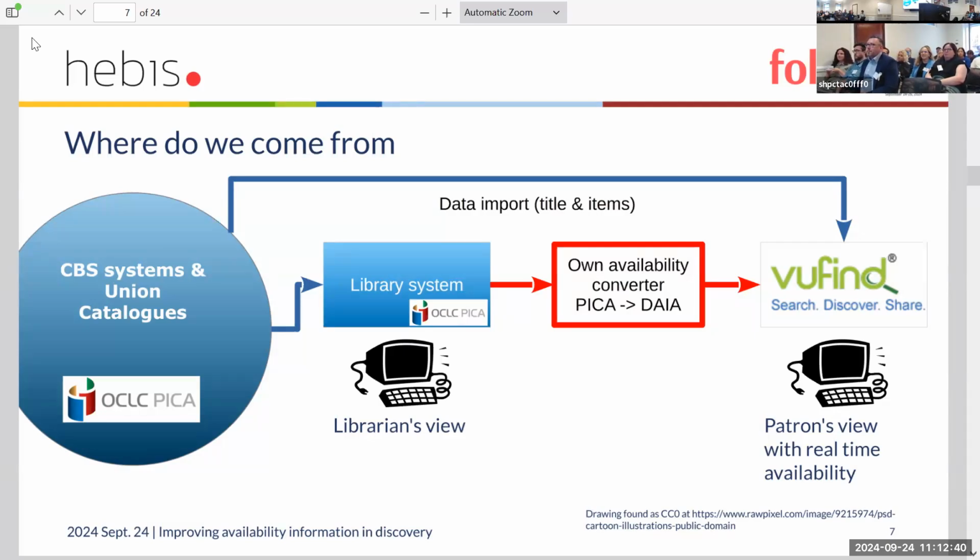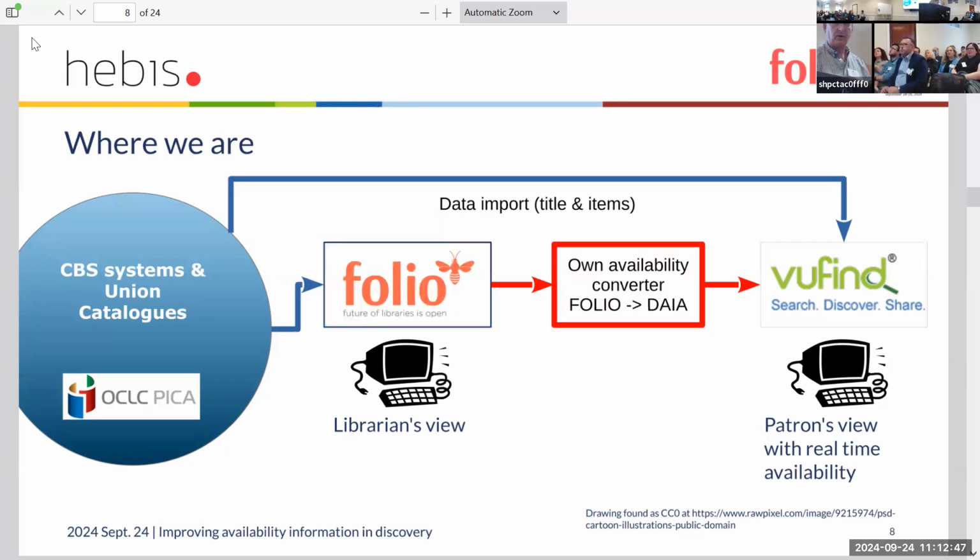Okay, so we have to create our own middleware, and the target we are going to is just to replace the library system and to have the central system like it is, to have the VuFind installation like it is, and the patron's view should be mostly unchanged.